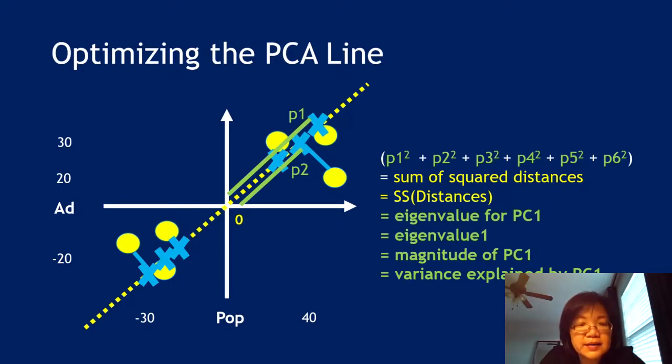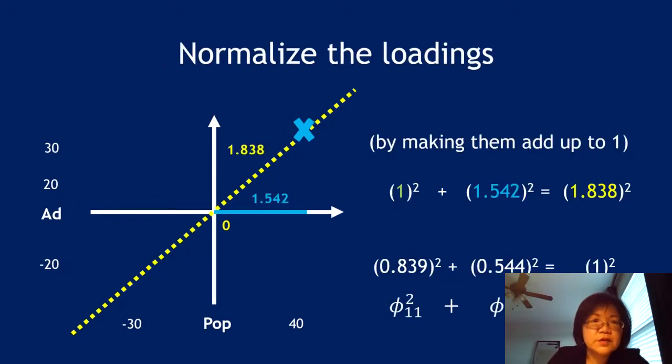And so when we add these up, because we already maximized these, and p can be considered the variation of each dot from the zero origin. So if we add all of these up for all the data values, then that's the total amount of variance that's being captured by the principal component. So hopefully these ideas make sense to you.